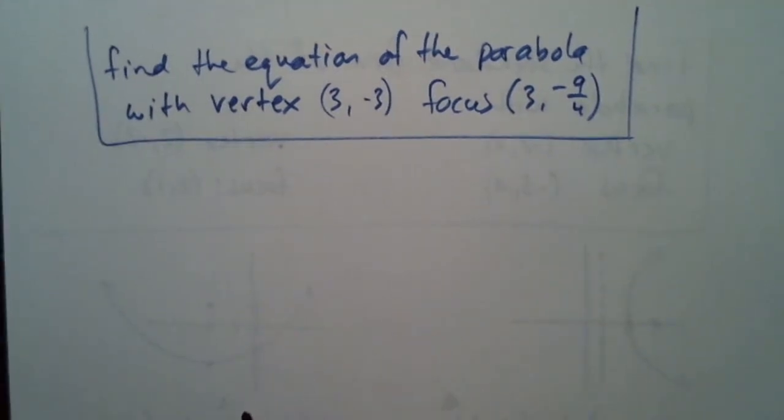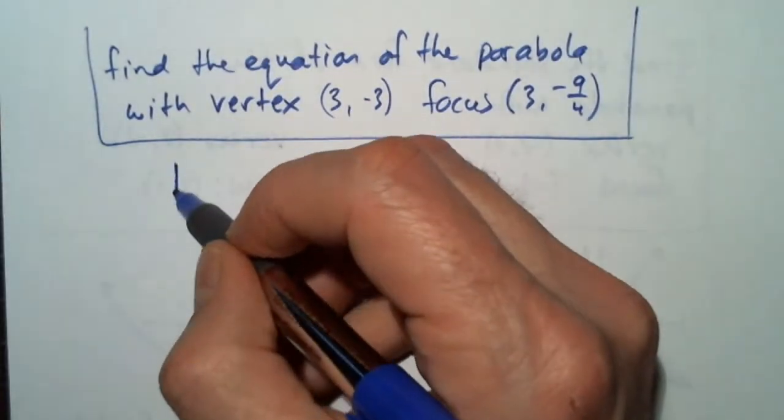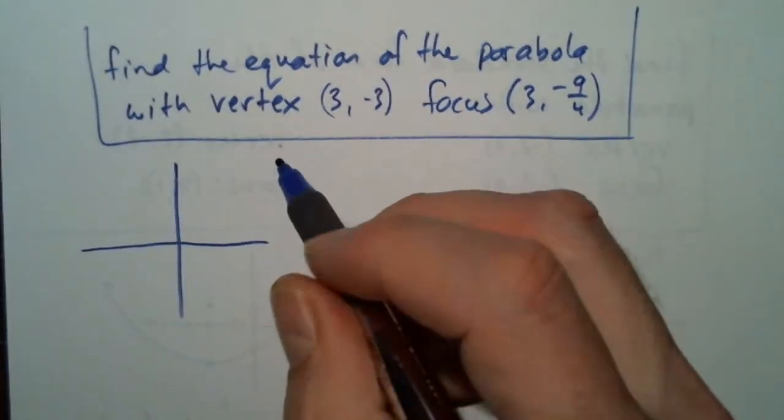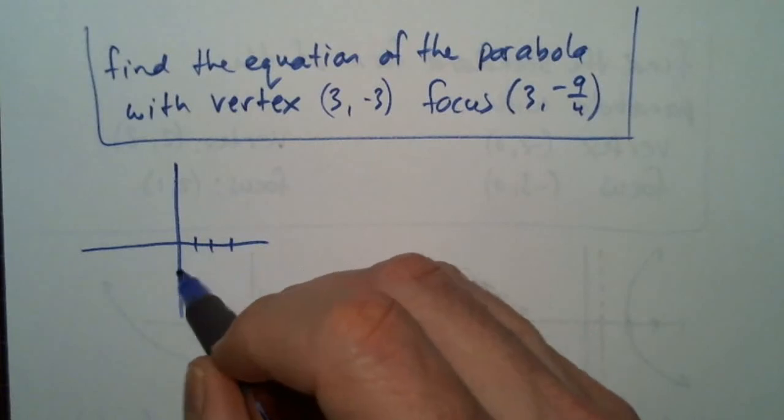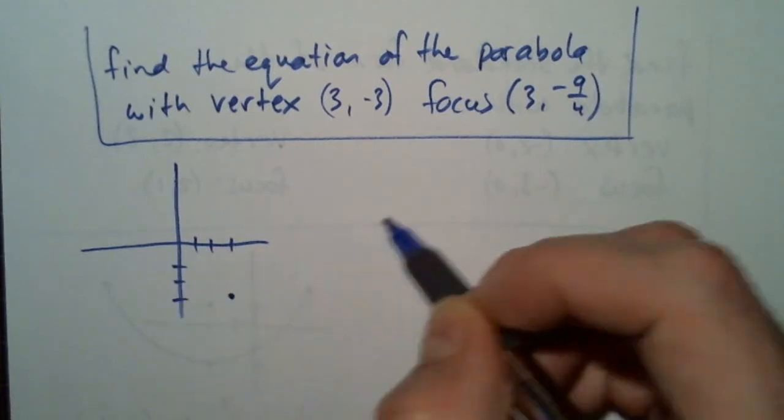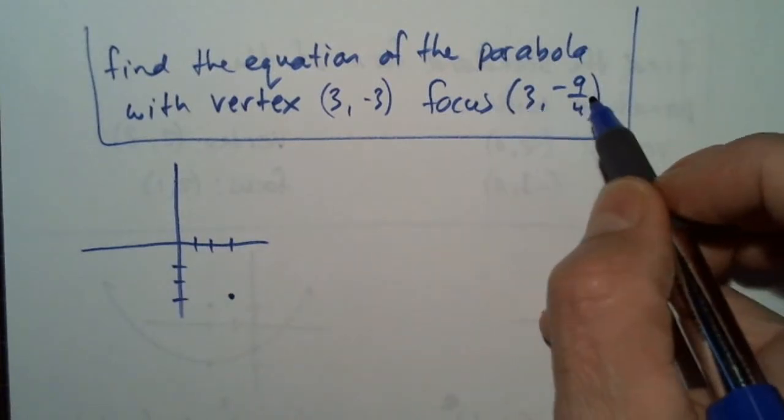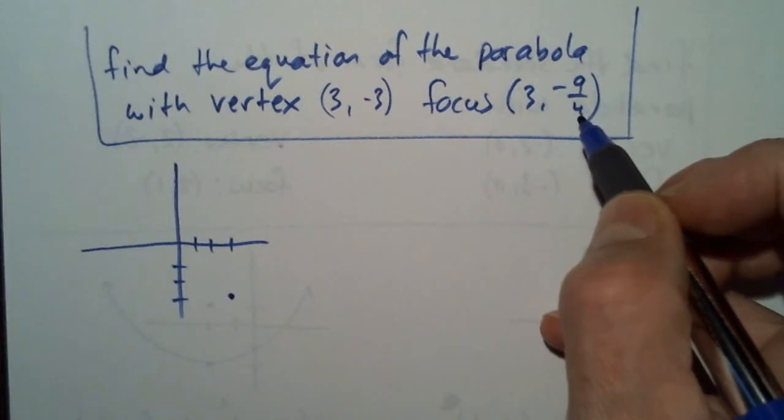So here we're going to just have to deal with some fractions. Vertex 1, 2, 3, 1, 2, 3. Focus is over 3, down 9/4.